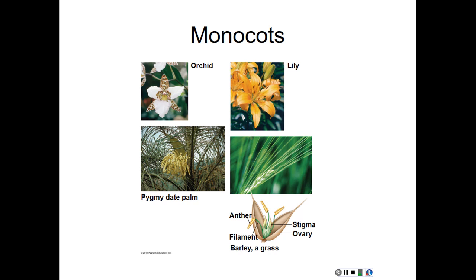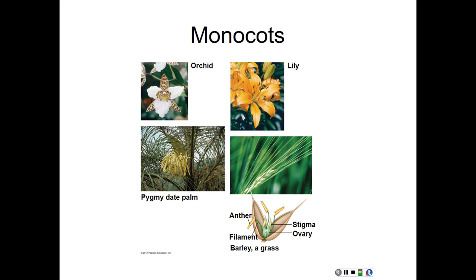Another common thing we see is what we call a fibrous root system. I'll talk about this more in chapter 33, but a fibrous root system is when instead of having one main root, you have several roots about the same size, and they form this really dense mat like this.